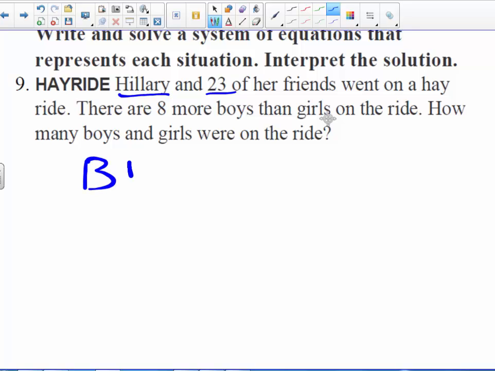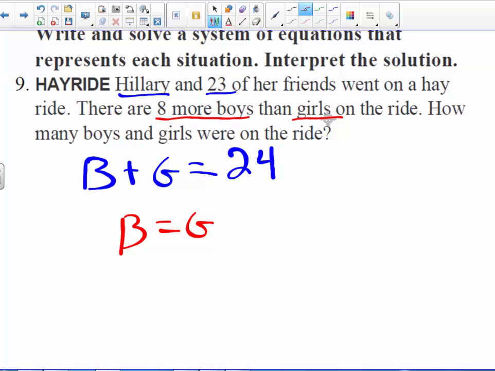So boys plus girls equals 24, because Hillary and 23 friends means 24 people went on the hayride. The other equation: there were 8 more boys than girls. So if we set boys equal to girls, we need to add 8 to the girls to make them equal. Those are our 2 equations.